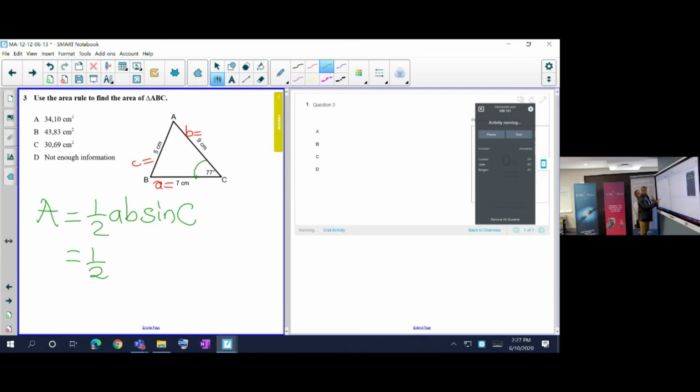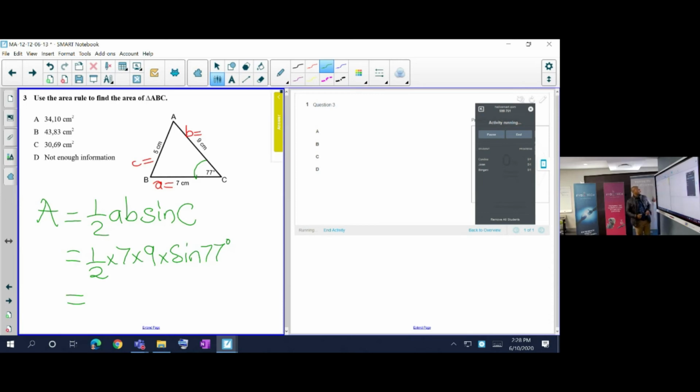So just to substitute here, we would have half times small a is 7 centimeters, small b is 9 centimeters, and the angle is sine 77. You might want to write a small s for sine, which is usually the convention. With this, you need your calculator to find what is half times 7 times 9 times sine 77.